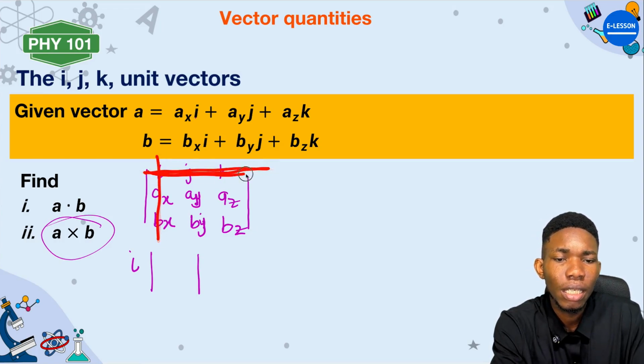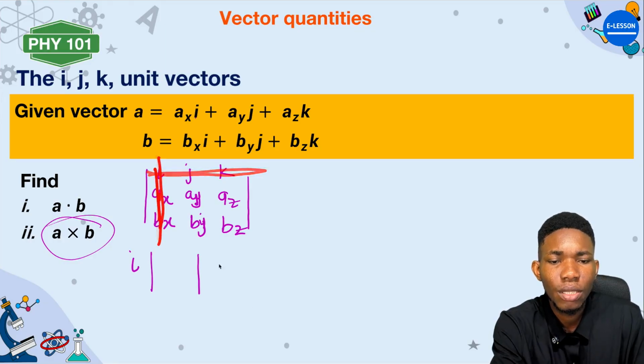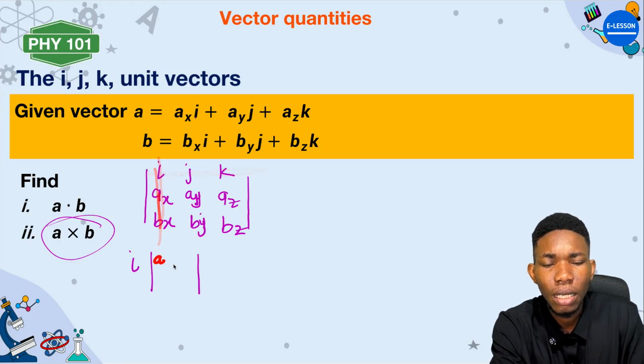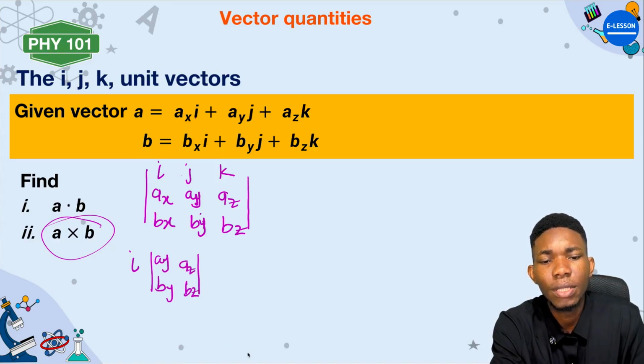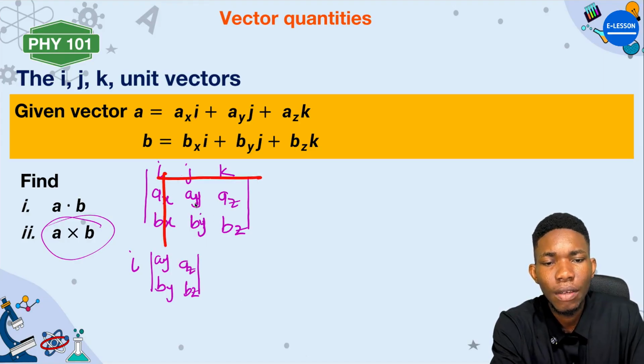Is that okay? If you cancel that, my dear student, what are you now going to be left with? If you cancel this and this, you are going to be left with AY, BY, AZ, BZ.